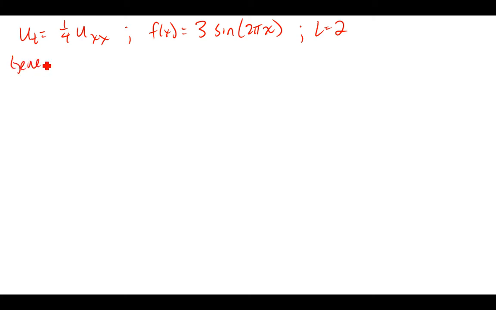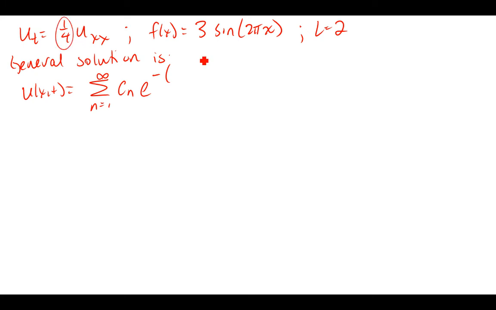We know that the general solution is, so here's our big thing. I can at least fill in some of these things so that I don't have such a monster to look at each time. So I'm just copying our general solution down. So I have alpha here. Alpha is 1/4. Oh, did I mean alpha or alpha squared?